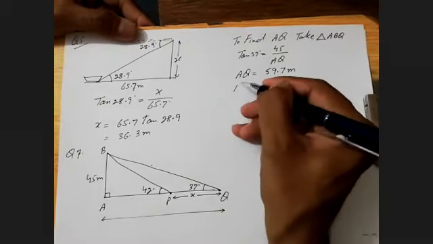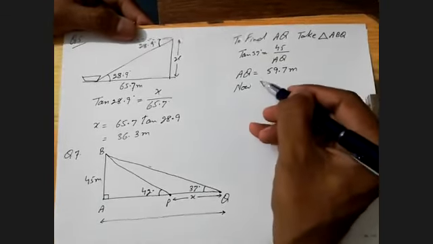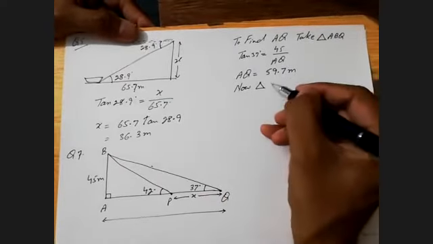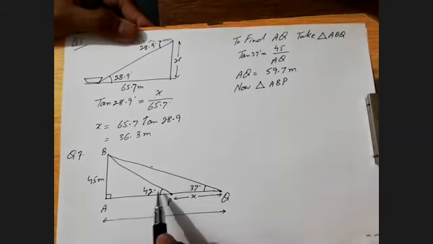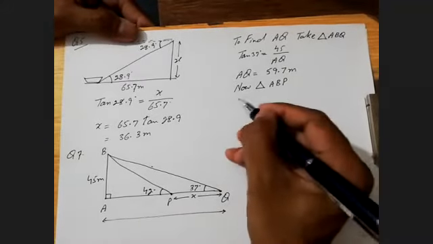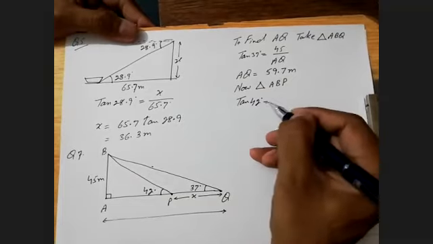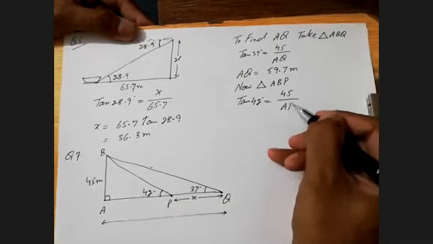Now let us consider the triangle ABP. Again, here I am going to take angle 42, tangent 42 degree is equal to 45 over AP.